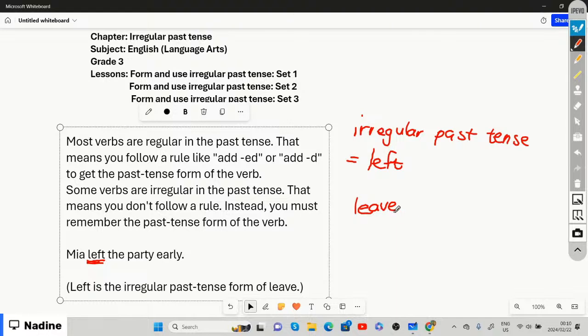So we leave in the present tense, but in the past tense, we have left. You also remember the examples that we made of the different forms of irregular past tense. So today's lesson is where we are going to form and use the different irregular past tense, right?